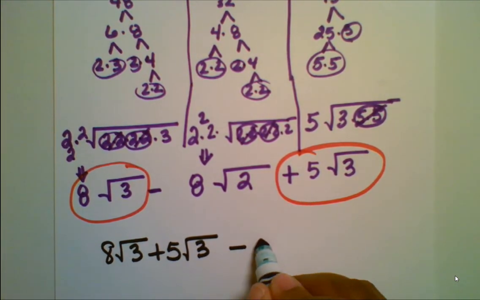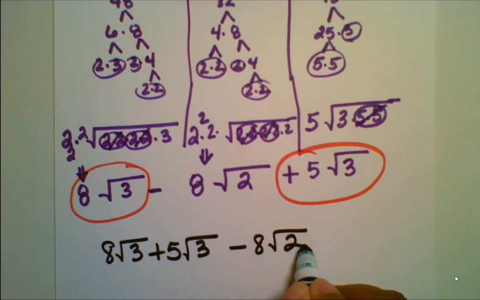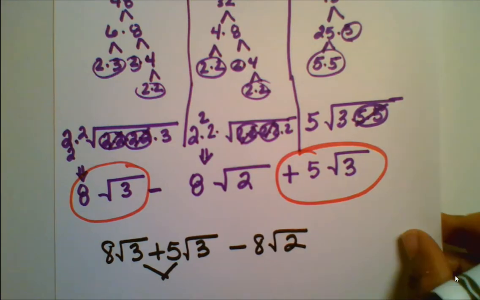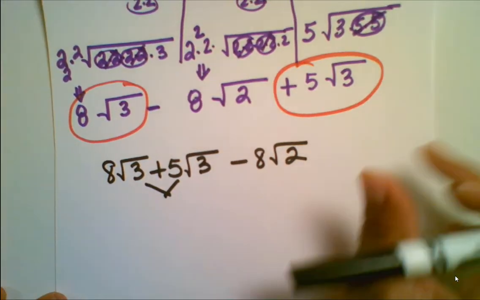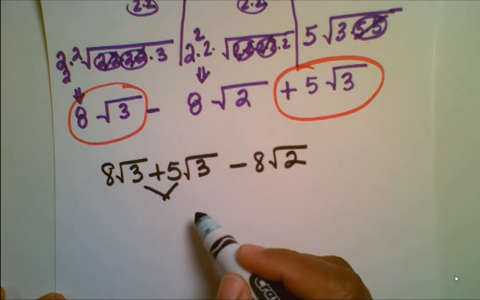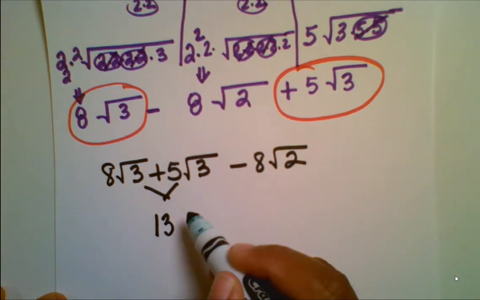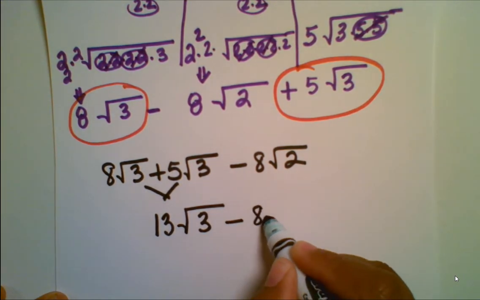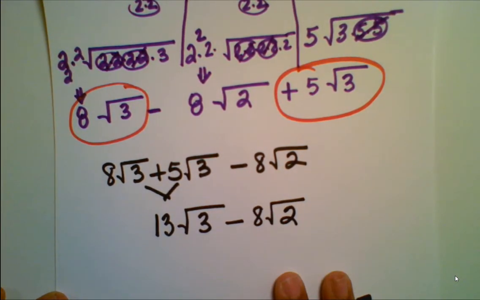Bring down the minus 8 square root of 2. It's not like, but we're going to add the terms that are like. We're going to add the square root of 3's, which we have 8 as a coefficient, 5 as a coefficient. Add those together and we have 13 square root of 3 and bring down the minus 8 square root of 2. And there we go.